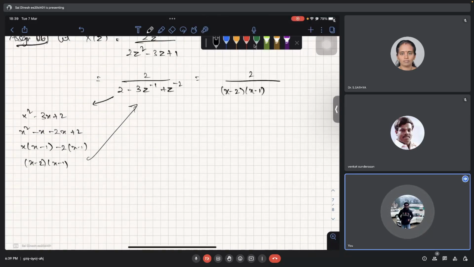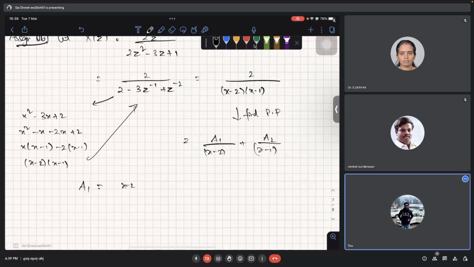From here we need to find the partial fractions. So let's say this is equal to a1 by x minus 2 plus a2 by x minus 1. How do you find a1? a1 equal to x minus 2 times x of z, at z equal to 2, which means 2 by x minus 1 into x minus 2.